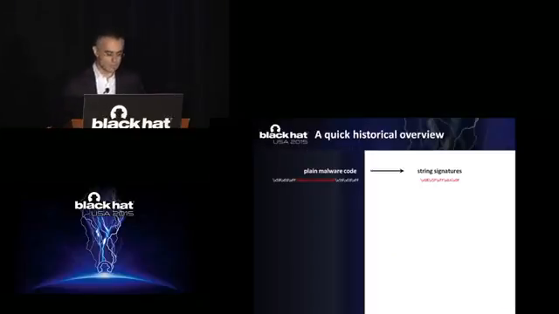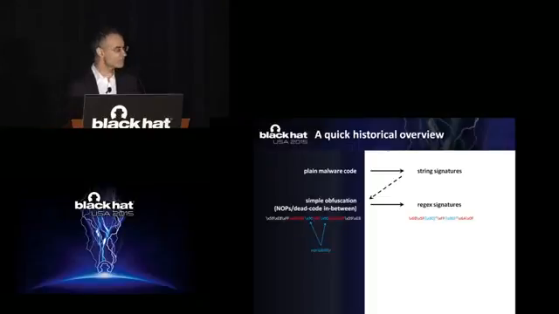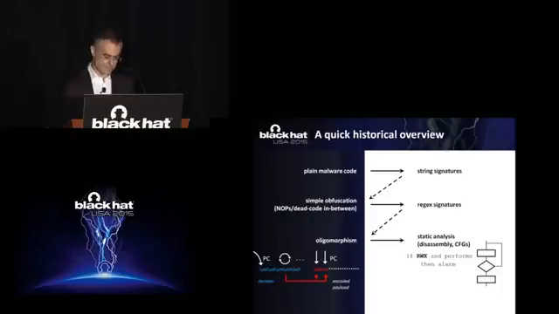Let's have a quick overview of malware evolution and the antivirus. Initially, the malware contains plain code, and the antivirus uses signatures to detect this code. Then we have simple obfuscation, and to detect the malware, the antivirus uses regular expressions. After that, we have oligomorphism, which is encryption.